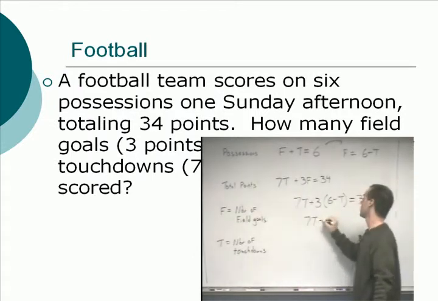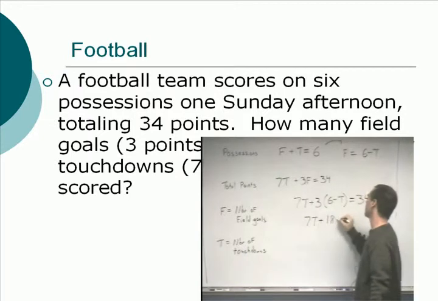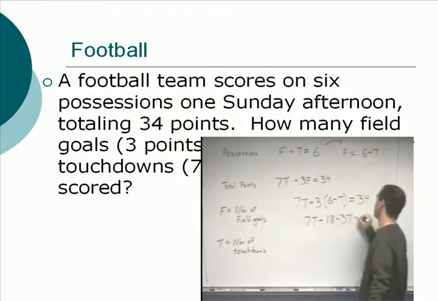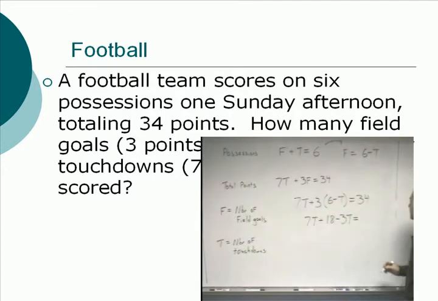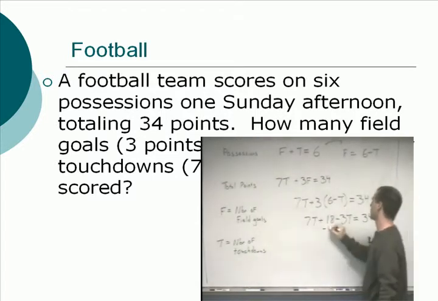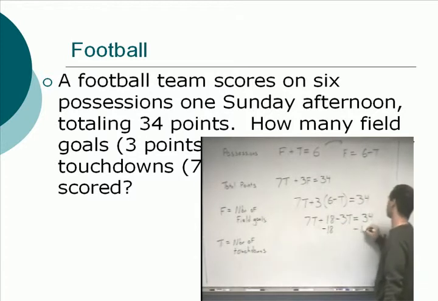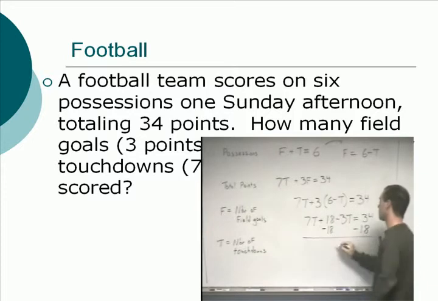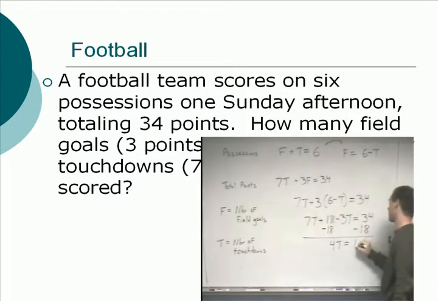7T plus 18 minus 3T equals 34. 7T minus 3T is 4T equals 34 minus 18, 16.